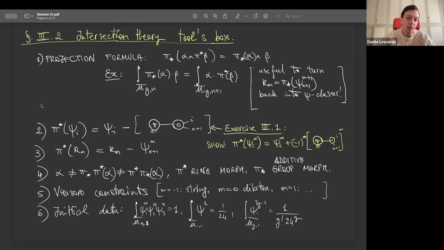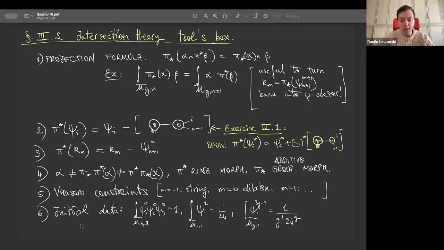Then we have seen the pullbacks of our protagonists, if you remember, the psi and the kappa classes. They are indeed just psi and kappa classes minus a correction. And we saw in which sense the correction was making sense and how to use it.